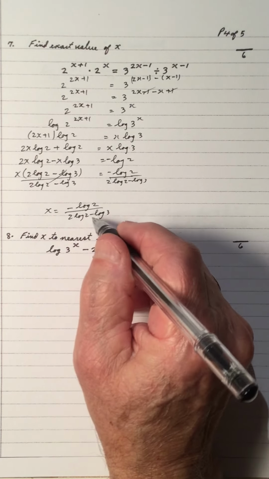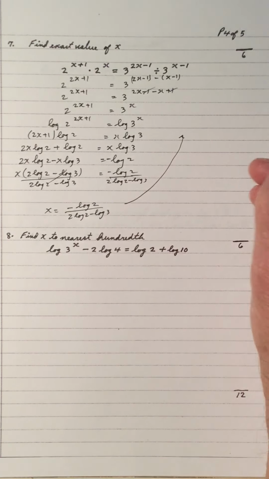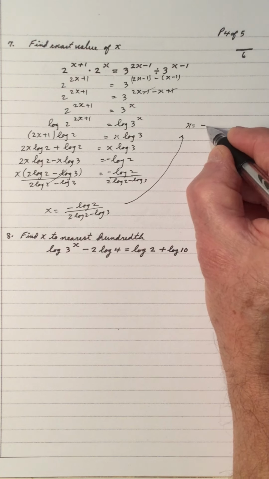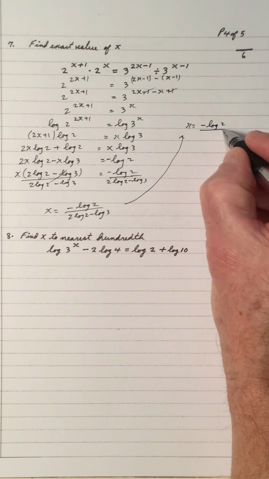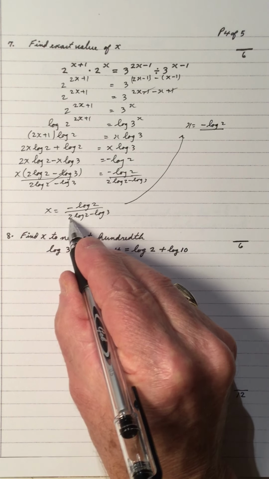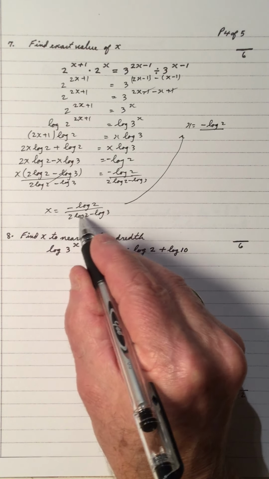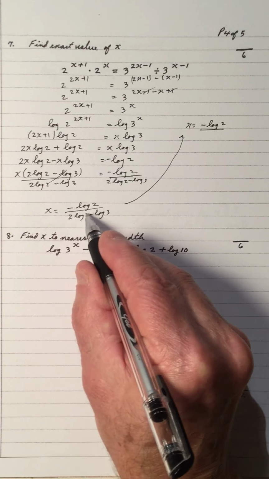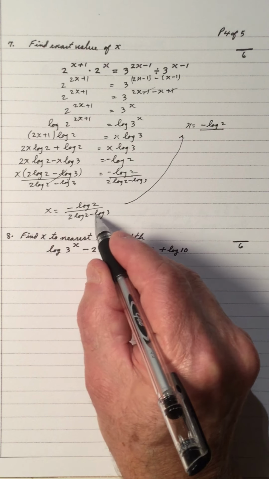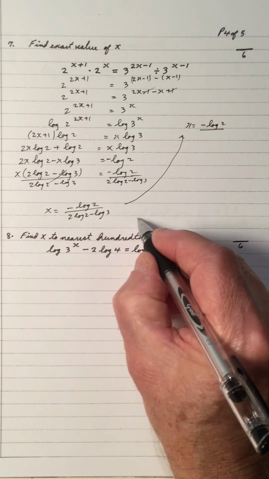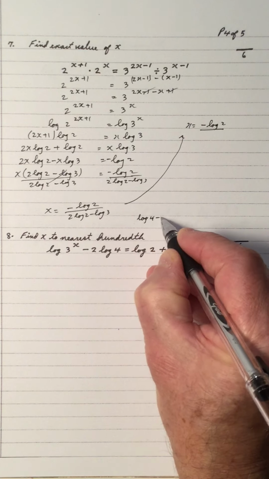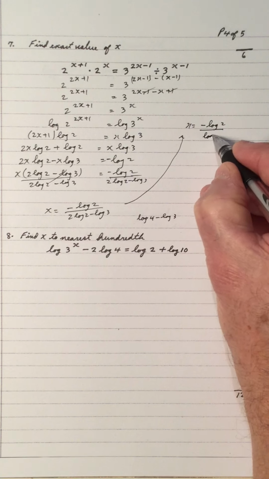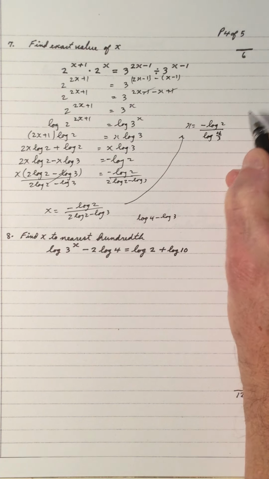So if you want to leave it like that, you can, but you can go x is equal to the negative log 2, and this is the power rule of 2 goes to the power of 2 here, so 2 squared makes it a 4, and so that gives you log 4 minus log 3, and because we're subtracting logs, it's the log of a quotient, so it's 4 over 3.